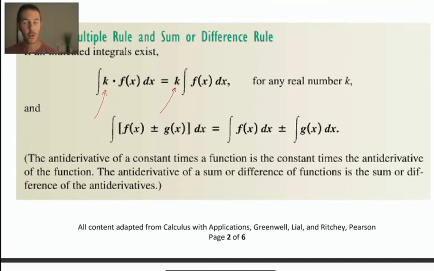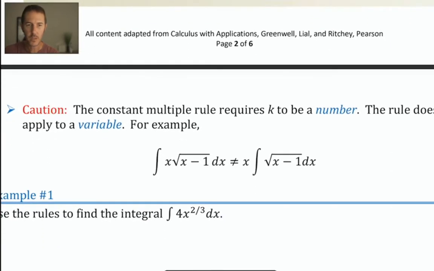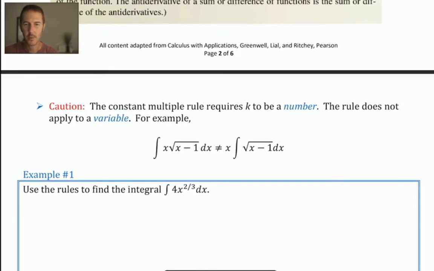It could be an unknown constant, but it can't be the actual variable that you're integrating with respect to. That could not be an x, and that's what we're seeing in this bullet right here. The constant multiple rule requires k to be a number, even if it's an unknown number. Okay, you can't factor out a variable like that. In other words, notice the does not equal sign right there. Okay, can't factor that x out.